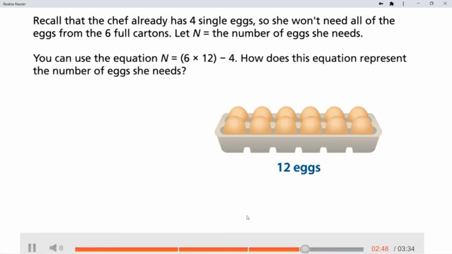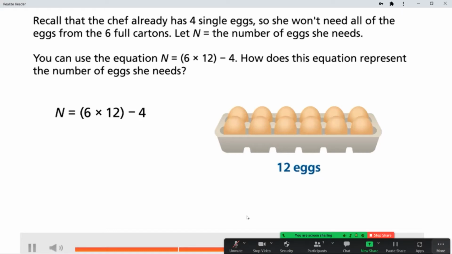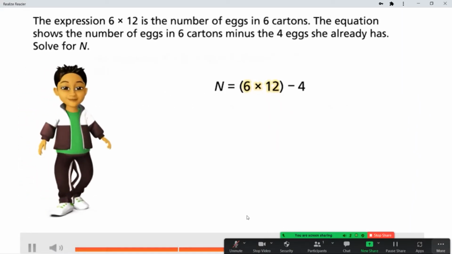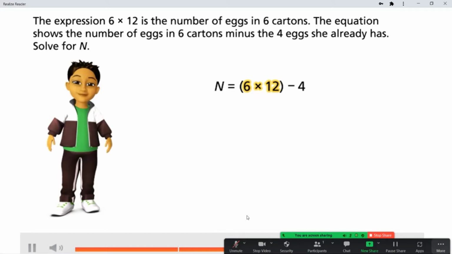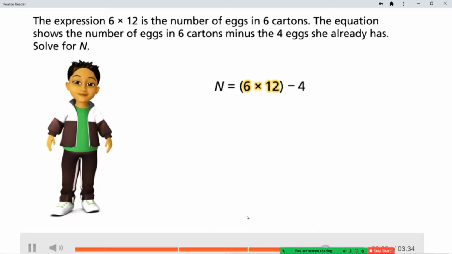You can use the equation n equals 6 times 12 minus 4. How does this equation represent the number of eggs she needs? The expression 6 times 12 is the number of eggs in 6 cartons. The equation shows the number of eggs in 6 cartons minus the 4 eggs she already has.